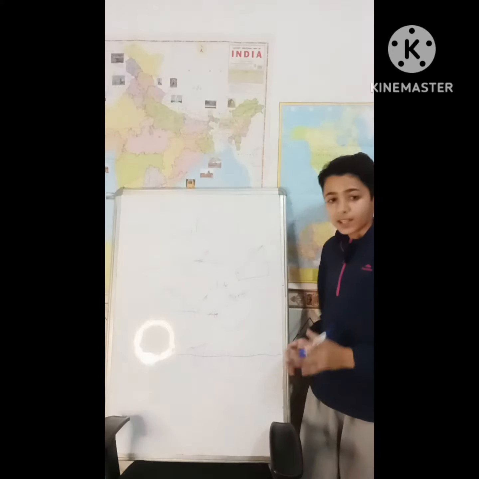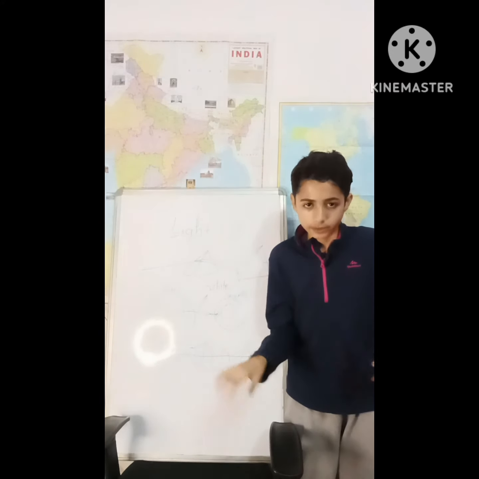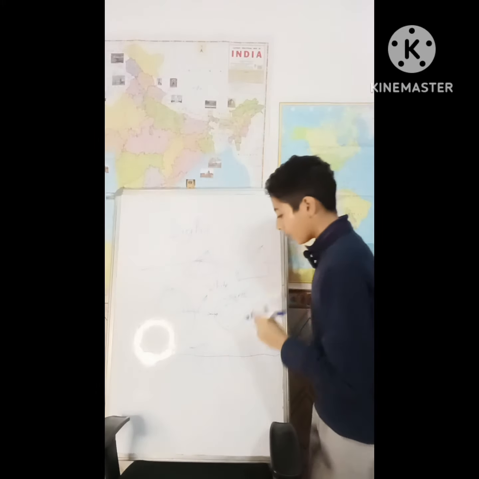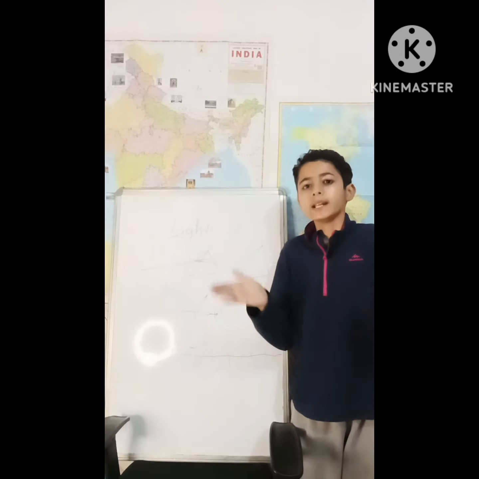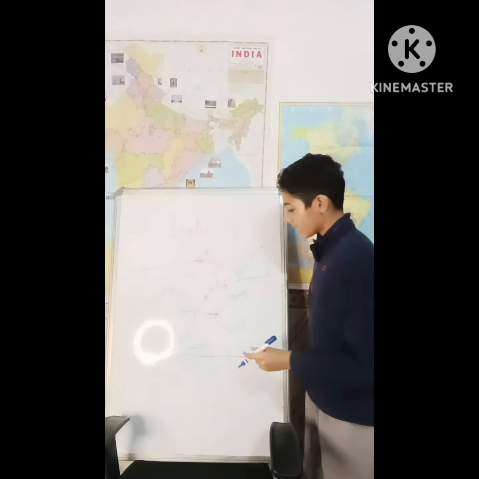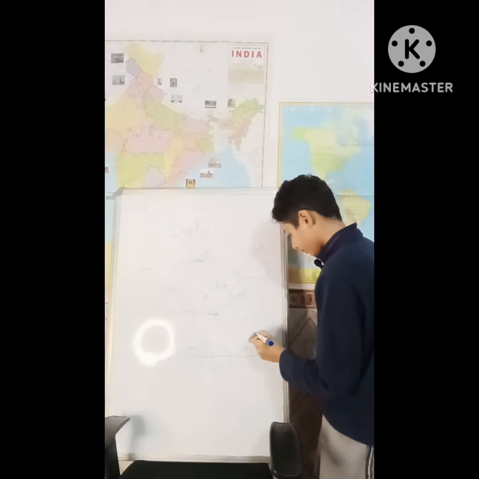The distance between two crests or two troughs is known as the wavelength. When the wavelength is very small, very less, the color of that wavelength will be blue.